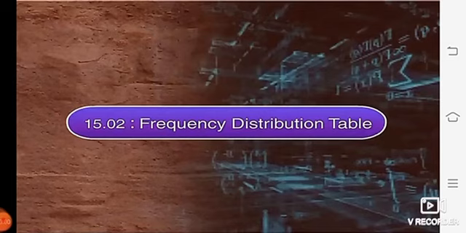Did you understand what I said? When a particular score comes a number of times in that data, that number of times is called the frequency of that score. So now let us take one example and understand more about it.